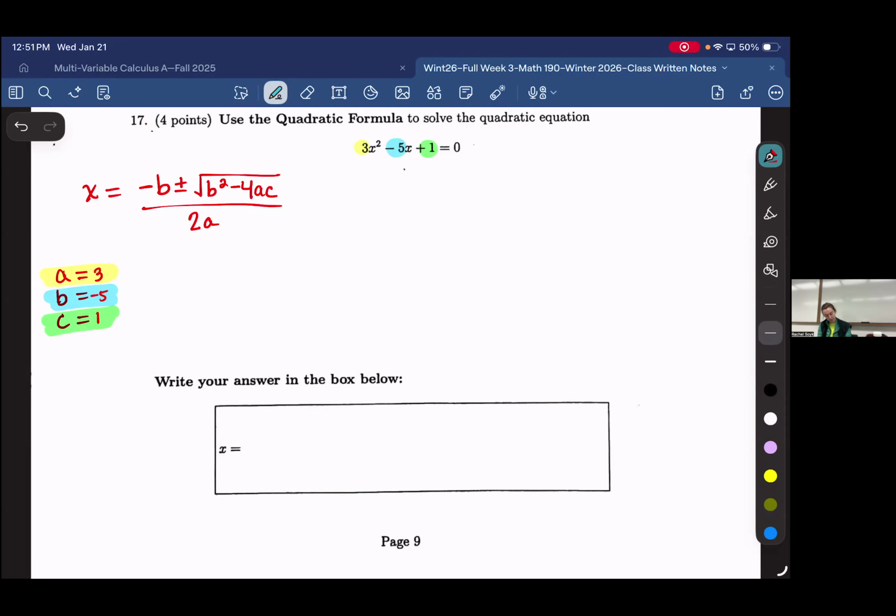Let's plug in. So we get x is equal to negative b. Well, negative times negative 5 gives you positive 5, plus or minus the square root of negative 5 in parentheses squared, minus 4 times a times c, all over 2 times 3.